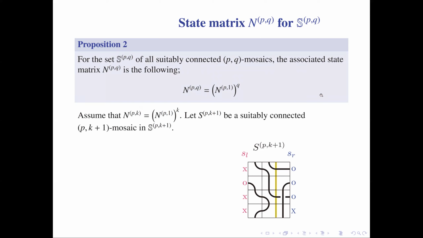For example, we have a suitably connected P by K plus 1 mosaic here.